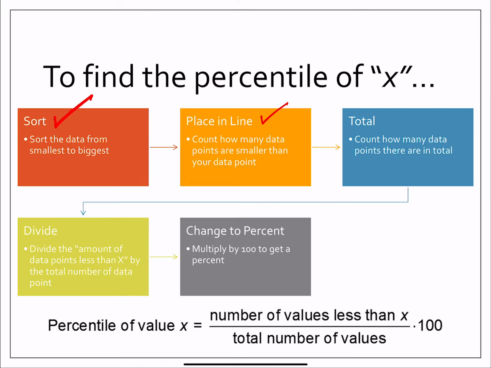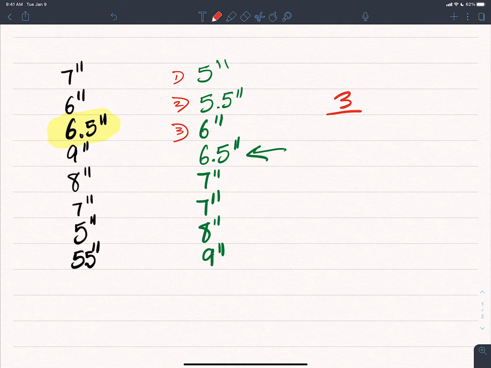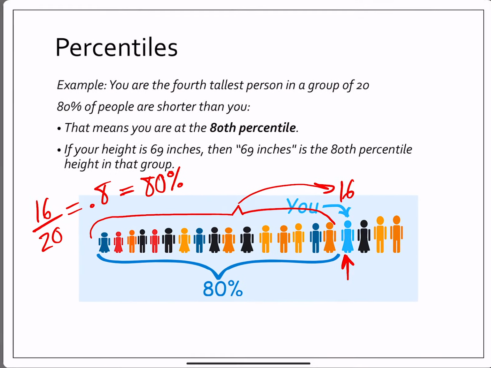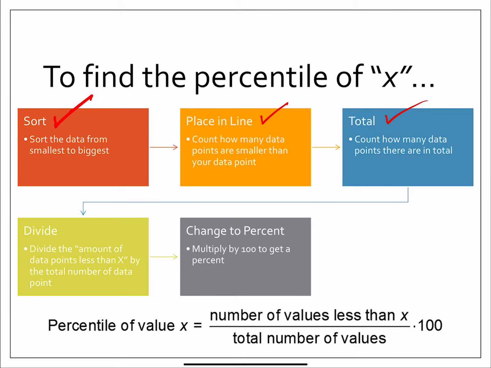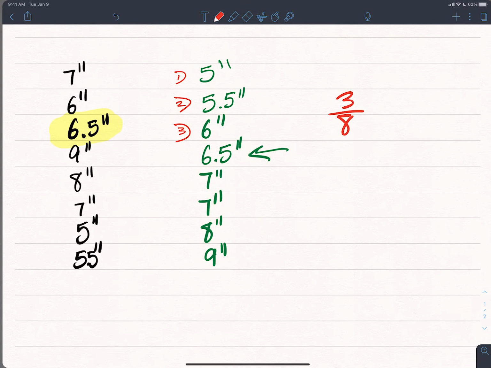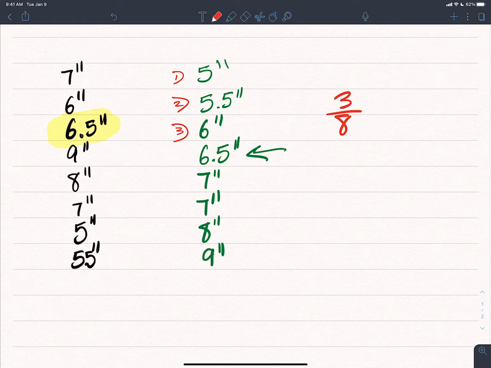And then next, we need to count how many data points there are in total. Right, so check. How many are there in total? There are 1, 2, 3, 4, 5, 6, 7, 8. So we have 3 divided by 8. And then next is to divide them. The amount less than your value divided by the total number of data points. We get 3 divided by 8.